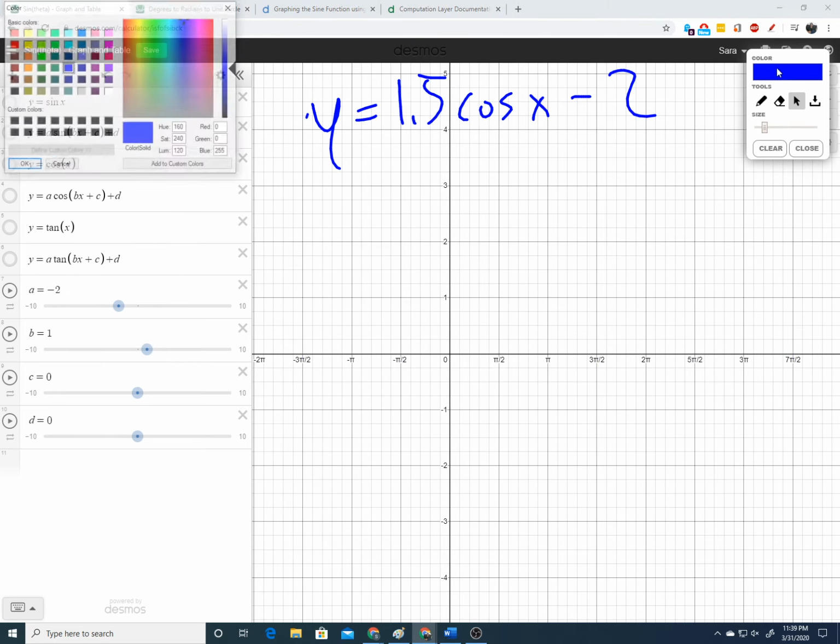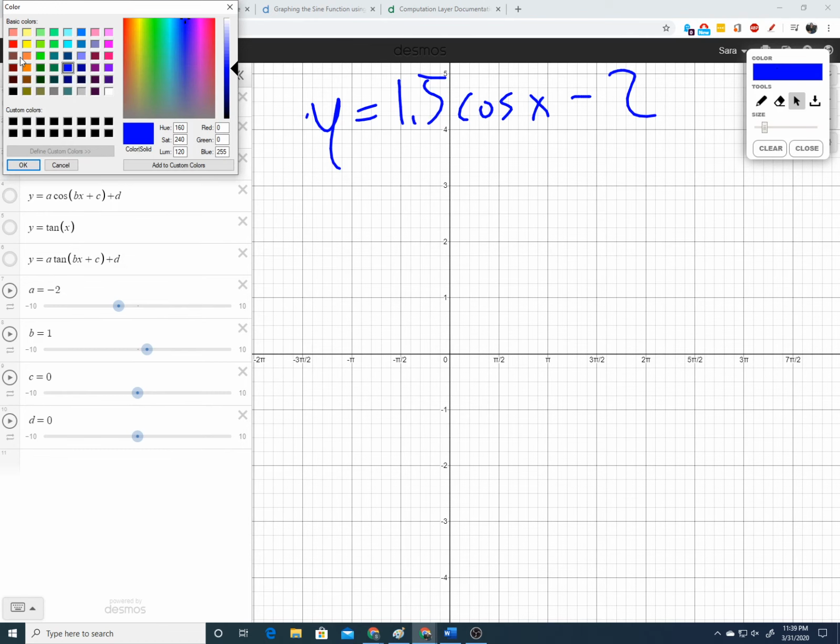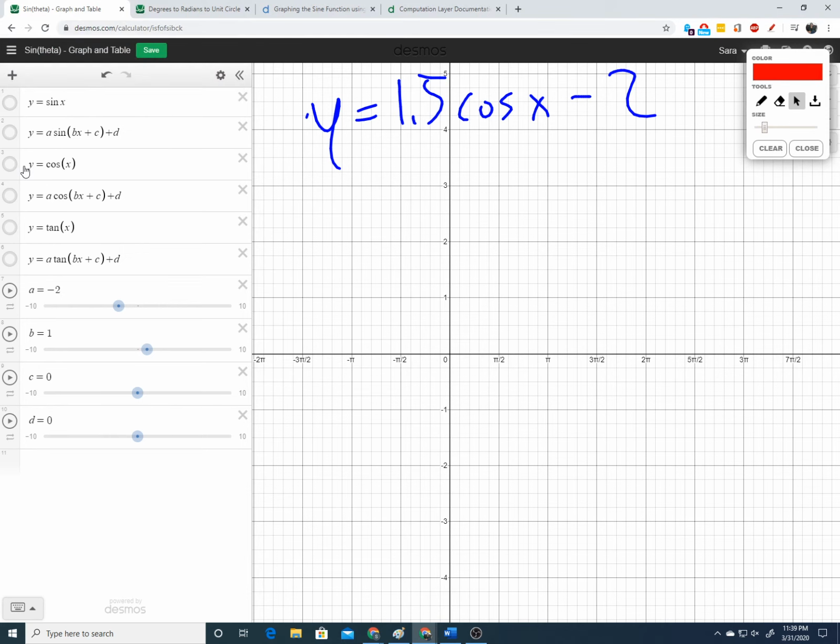What I want you to do is start thinking about what the original base function looked like. And when I say that, I mean just what your regular old cosine of x looked like. With cosine of x, if you look at the unit circle, you remember that the x values of the coordinates on the unit circle also correspond to what the cosine of that angle equals.